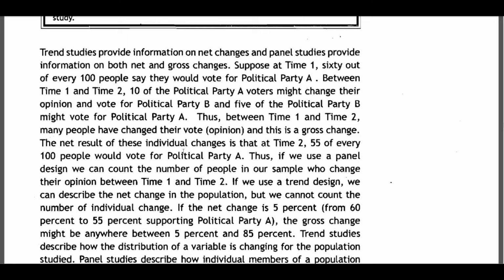The net result of this individual change is that at time 2, 55 of every 100 people would vote for political party A.